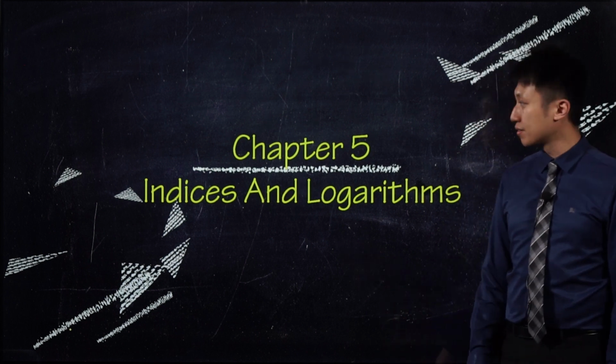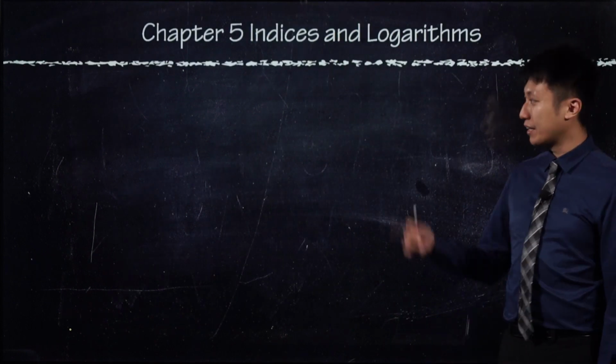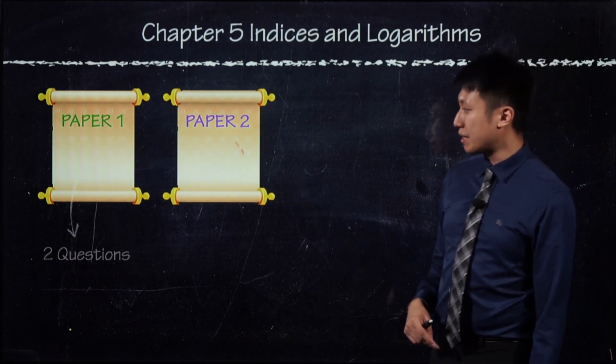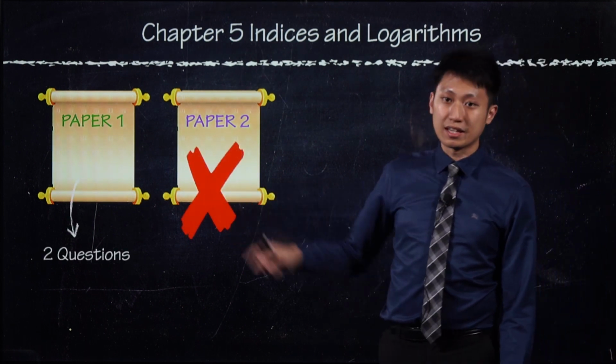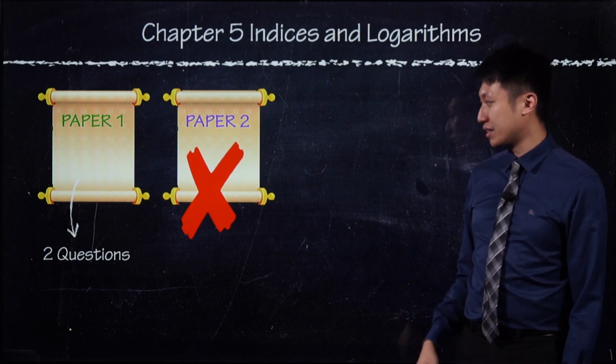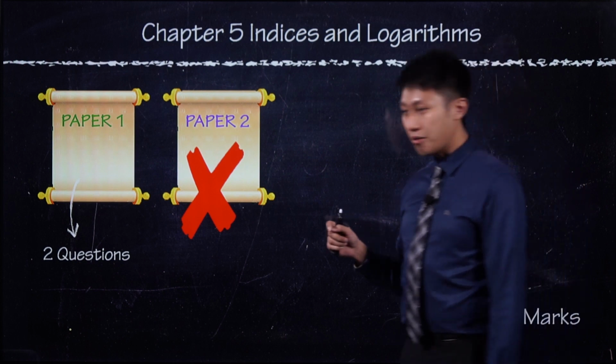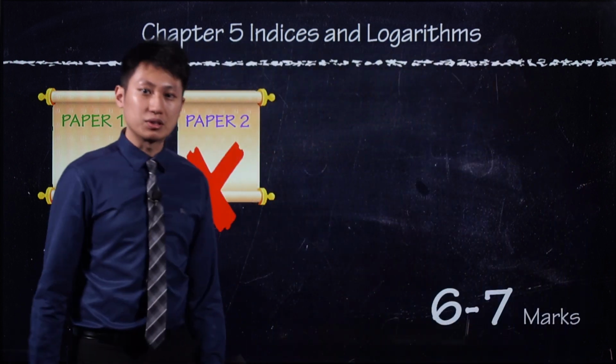Okay, so first I will do the same thing. Let's do some analysis. For this chapter, there will be 2 questions in paper 1, most of the time, and normally there will be no paper 2. How many marks in total? About 6 to 7.